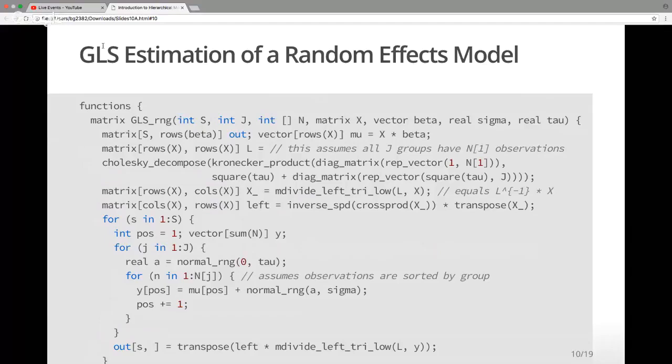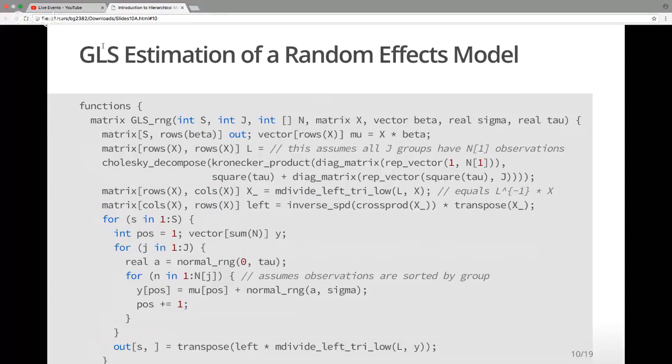So now we're going to loop over the J groups. And the first thing we're going to do for the jth group is draw A from a normal distribution with center 0 and standard deviation tau. And then we're going to use that value of A in a loop from 1 up to the number of observations in group little j. So this, by the way, assumes that the observations are sorted by group.